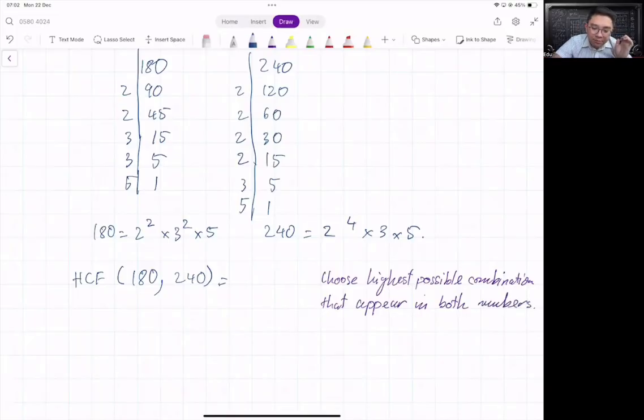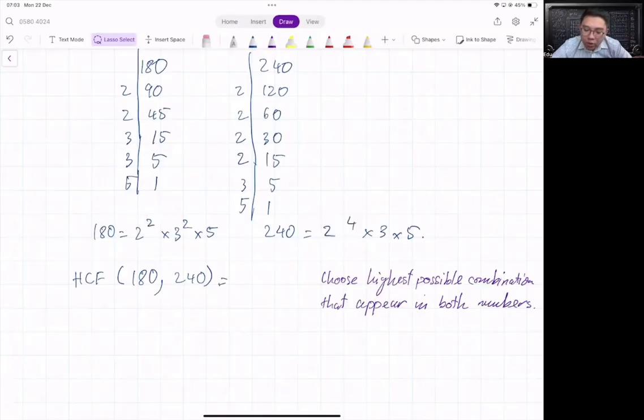What does that actually mean is we are going to choose, okay, let's say 2 to the power of 2 and 2 to the power of 4. Okay, so with the highest possible, and it has to appear in both numbers.